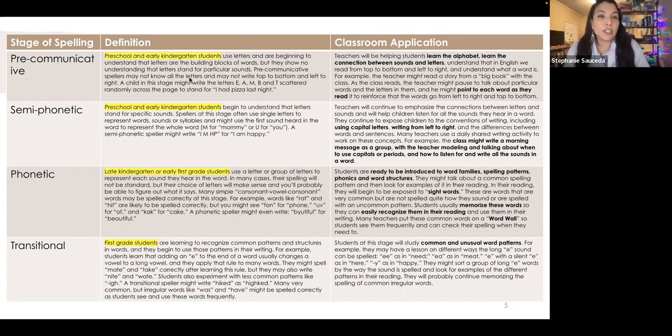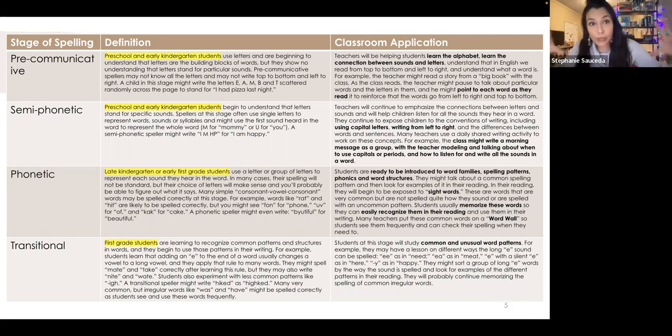So this is the definition, and your application. How does that apply to me in the classroom? Teachers will be helping students learn the alphabet. You have to help them learn the connection between the letters, the orthography, the graphemes, and their sounds, right? Understand that in English we read from top to bottom, from left to right, and understand what a word is.